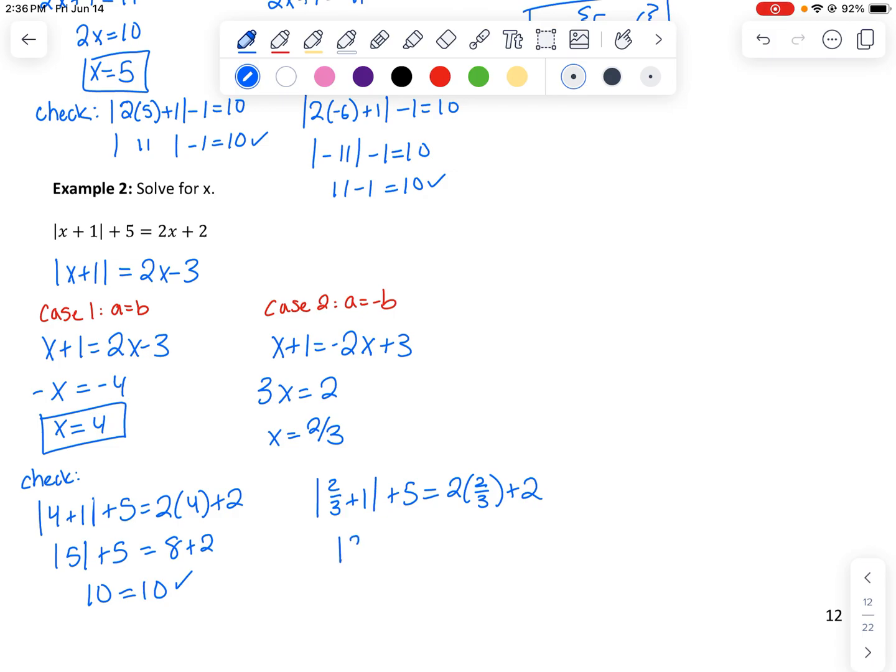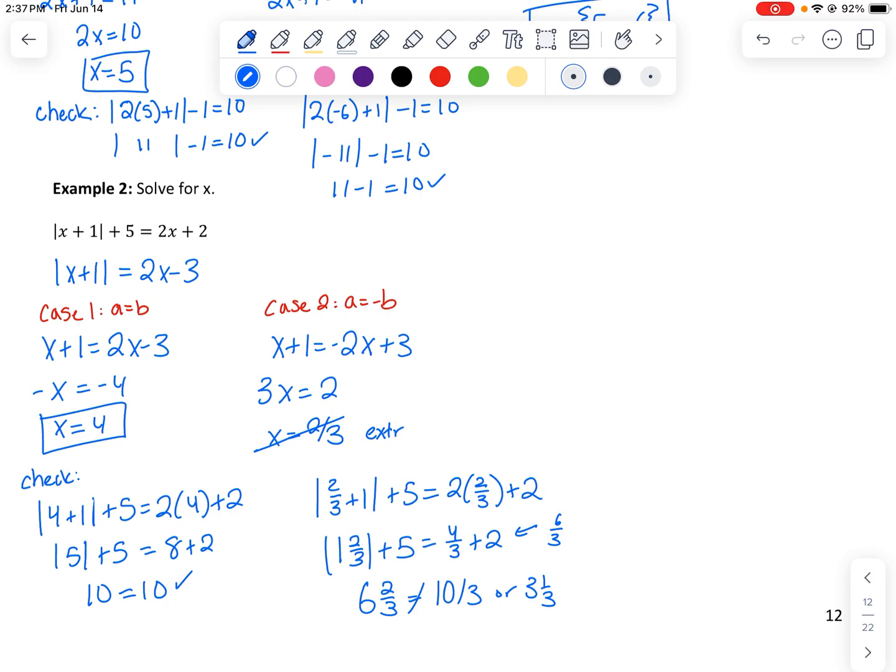So this is 1 and 2/3 plus 5, and I can write that as 6 and 2/3. On the other side, I have 4/3 plus 2. Well, we'll turn that 2 into 6/3. So I have 10 thirds on that side, which is 3 1/3. And so those are not equivalent, and therefore this is not a solution.